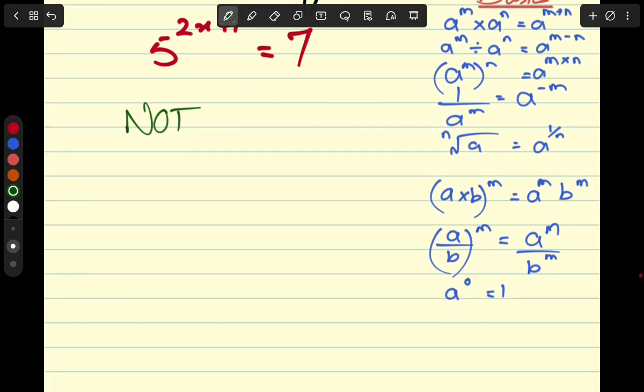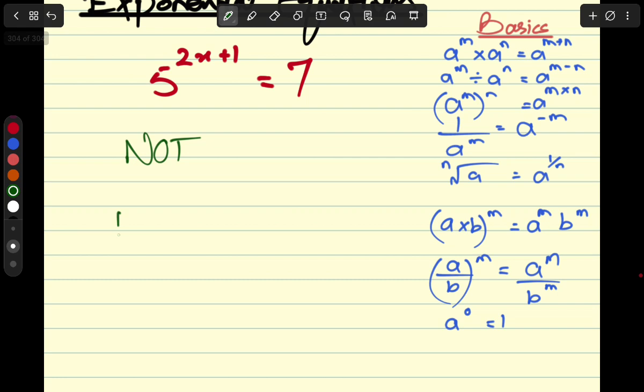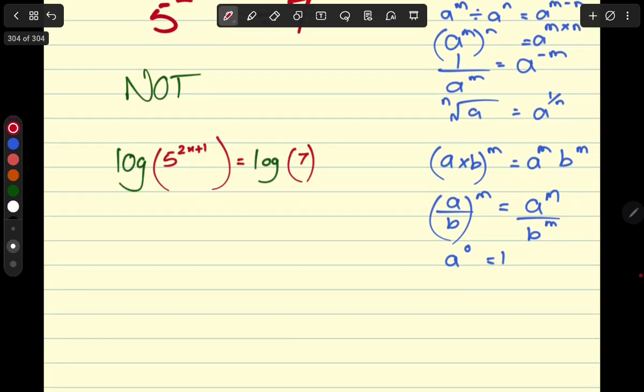So let's do it. Take logarithms of both sides. We can do it using common logarithms or natural logarithms. I'll use logarithms with base 10. If the base is 10, then I need not write it here, and I will put the argument 5 to the power 2x plus 1 on one side and 7 as the argument of the other log.